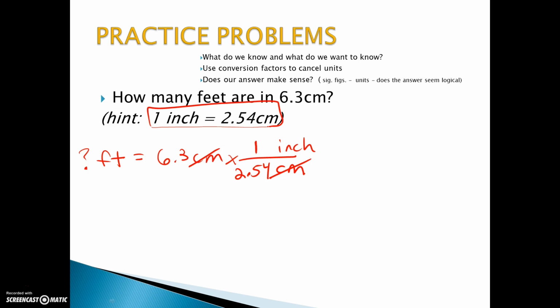Times it by, on the bottom I'll put inch, because I want to get out of it, and I want to get to feet, so I put that on top. I happen to have 12 inches in 1 foot, so that's great.